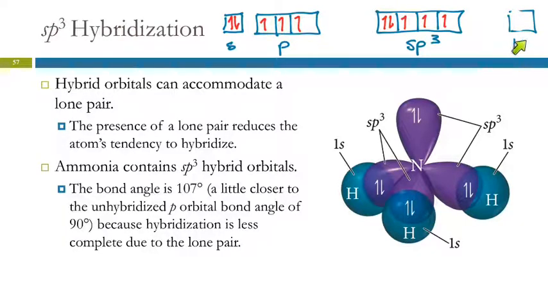It's missing an electron. So that one coming in would overlap and form one of those coordinate covalent bonds where both of the electrons in the bond are coming from the nitrogen. And then we'd see that we're going to get better angles, but that's how NH4 would form.